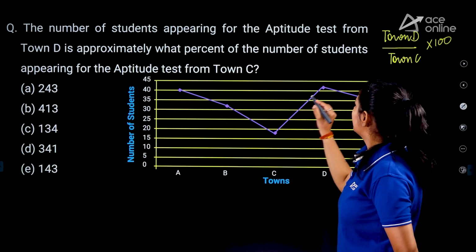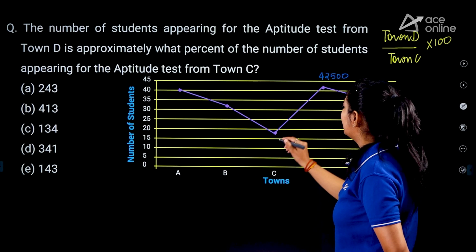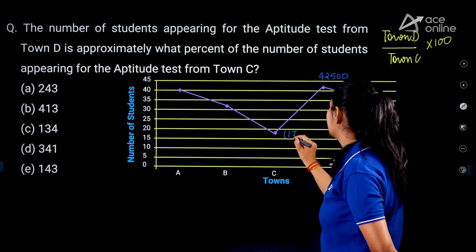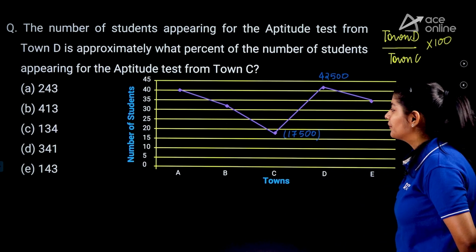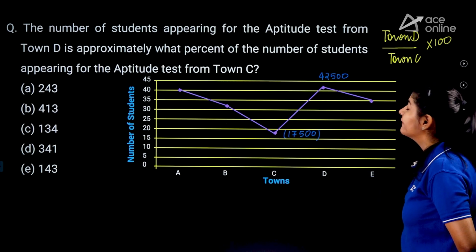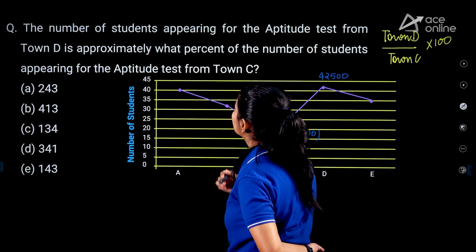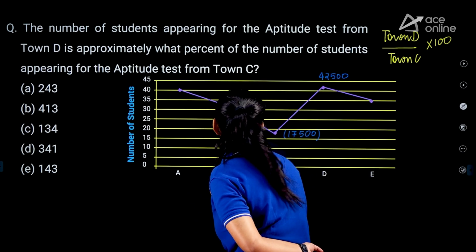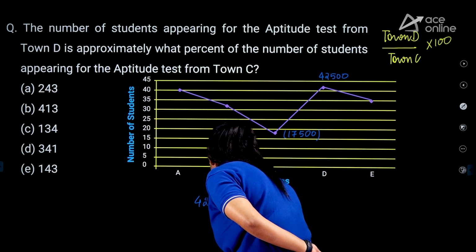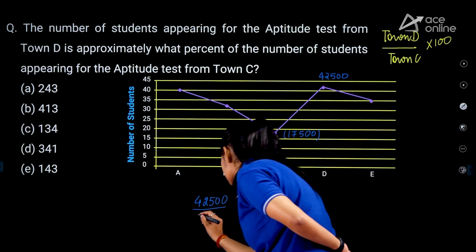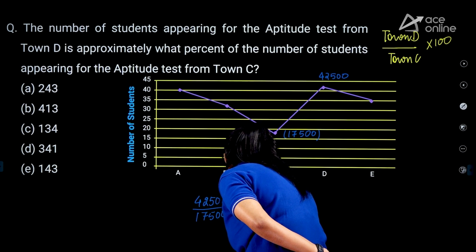In town D, we are having 42,500 and in town C, we are having 17,500, right? So all you need to do is simply calculate the values over here. The approximate percentage is town D, 42,500, divided by town C, 17,500, into 100.